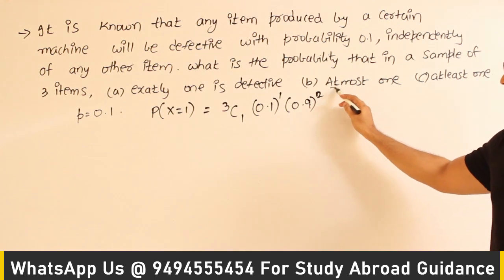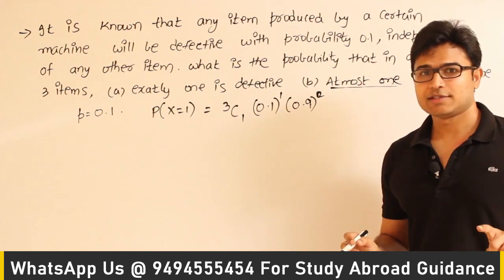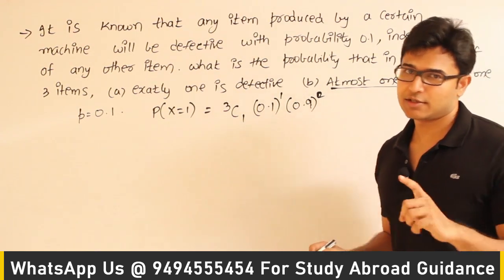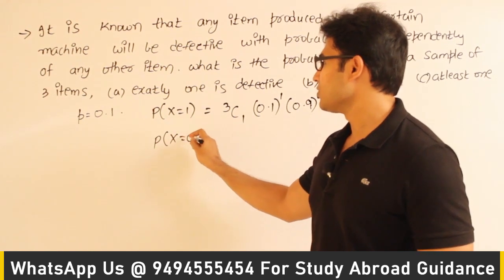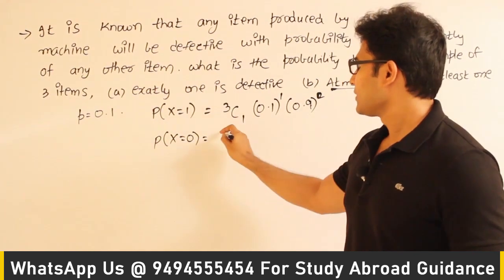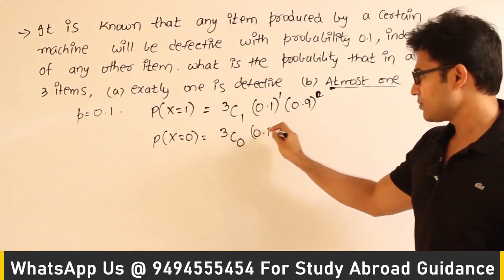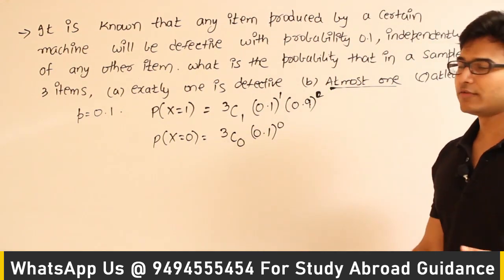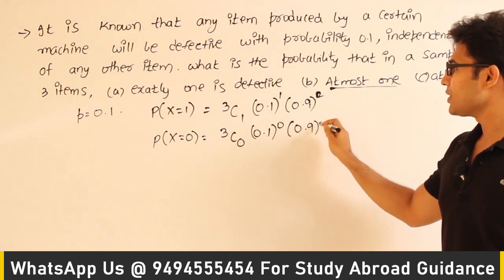Now the second question is at most one defective piece, which means the number of defective pieces can be either 0 or 1. So what does it mean? P of X equal to 0 is 3C0 into 0.1 power 0, which means nothing is defective, all 3 are working fine, into 0.9 power 3.